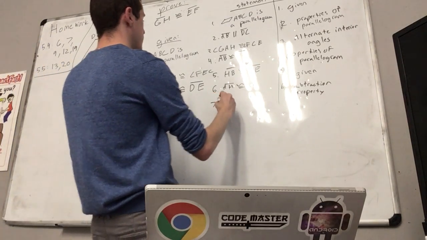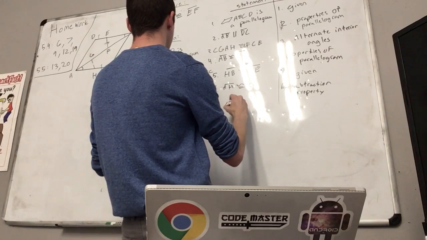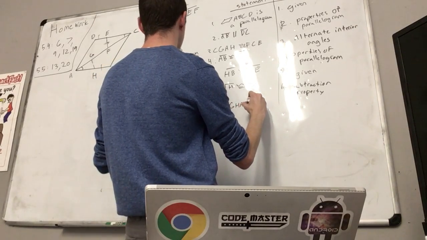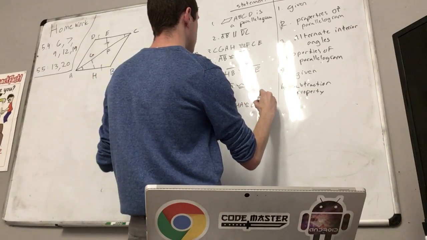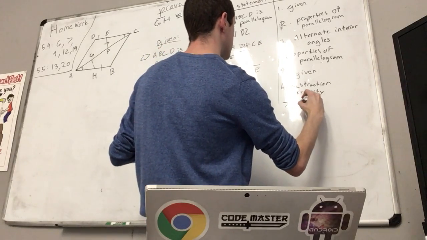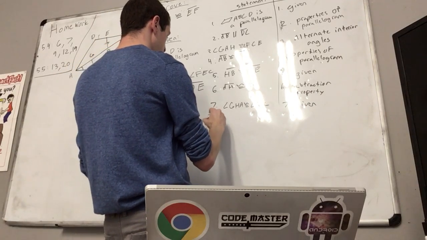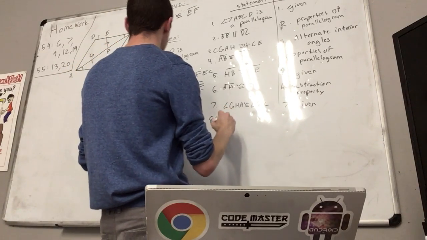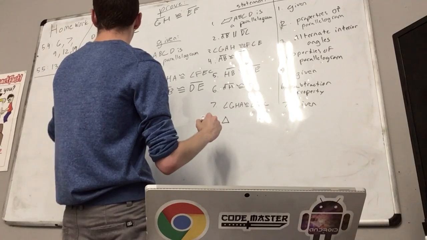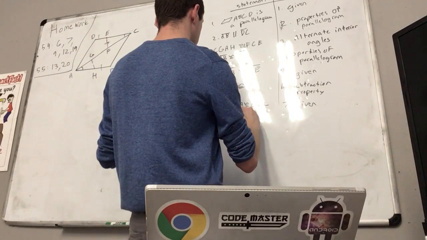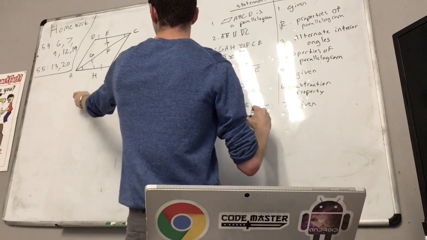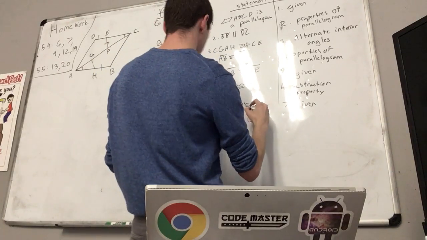I'm just going to say step 7 is we're going to take our angle one again. Angle GHA is congruent to angle FEC. It's another given. And now we have congruent triangles, so we can prove it with angle side angle. Triangle HGA is congruent to triangle CEF.